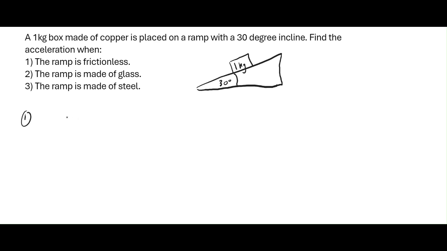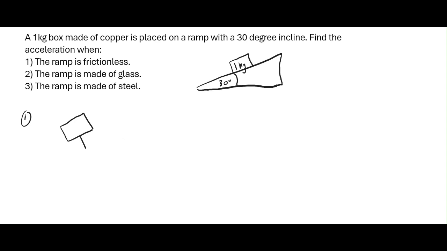Okay, so another thing besides the sketch that is useful in a problem like this is to draw a free body diagram. So in this first case, our free body diagram, I'll draw the box on this slight angle again. It's going to experience the force of gravity that wants to pull it straight down, but it can't go straight down because it's sitting on a ramp that's on a 30-degree angle.